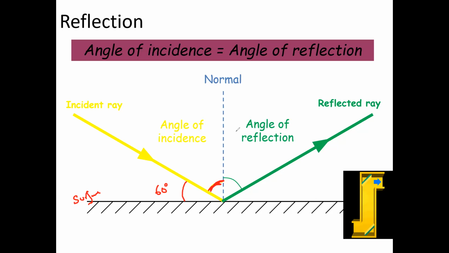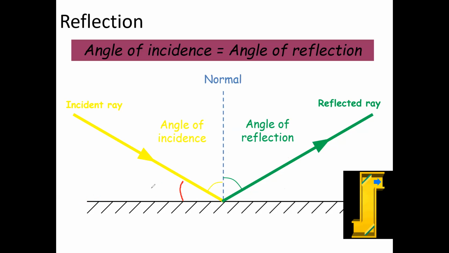Yeah, that will be 30. Good. How can we work this out? Because the total angle between the normal and the surface is always 90. So out of 90, if this angle is 60, the remaining angle will be 30. Sometimes, instead of giving you the angle between the normal and the incident, they give you the angle between the incident and the surface.